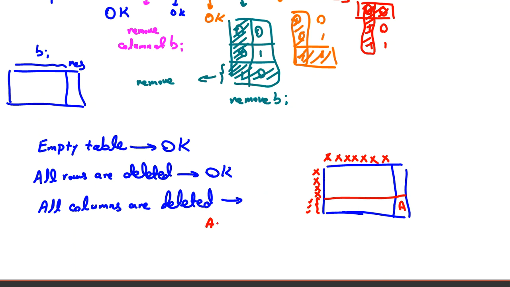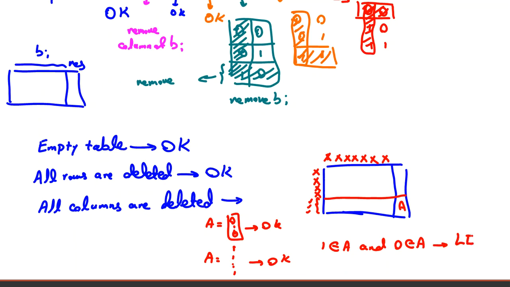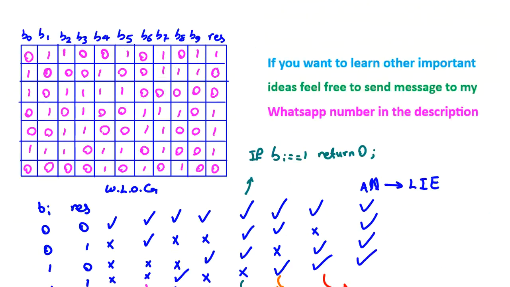If A is completely 0, or if A is completely 1, it will be okay because we cannot check any other bi. But if 1 belongs to A and 0 belongs to A, then it will be lie because we don't have any bi to satisfy that. So we've considered all these cases.